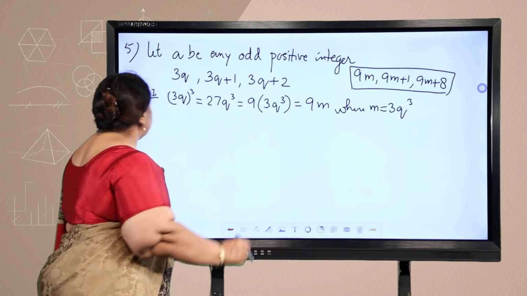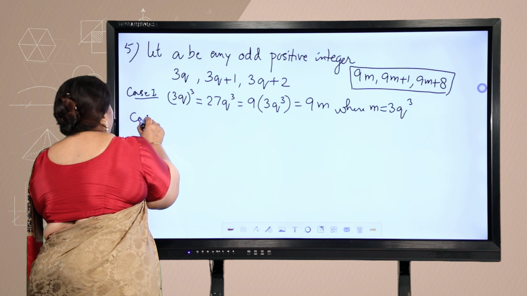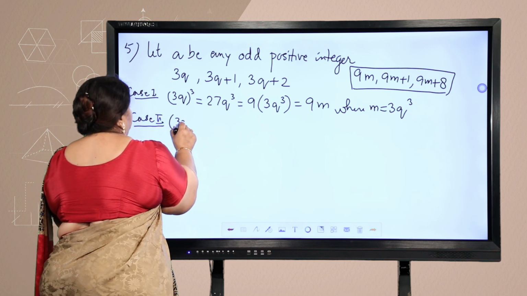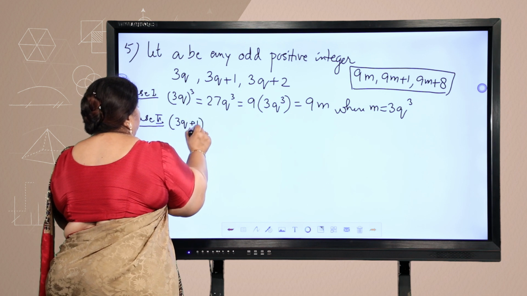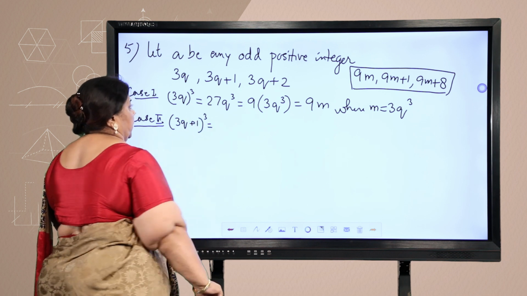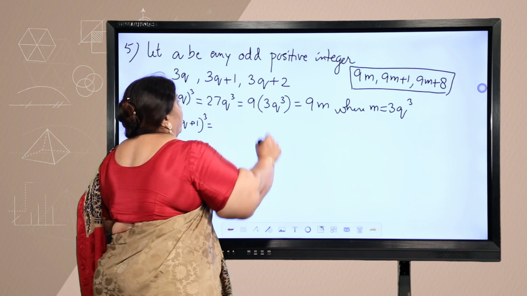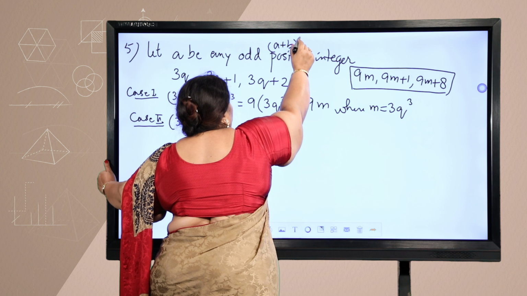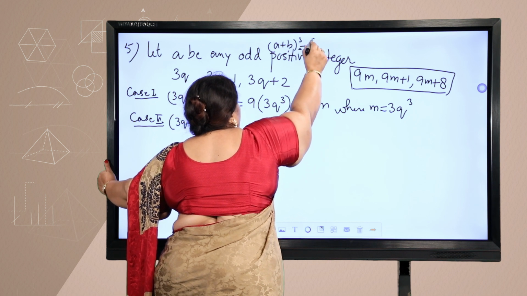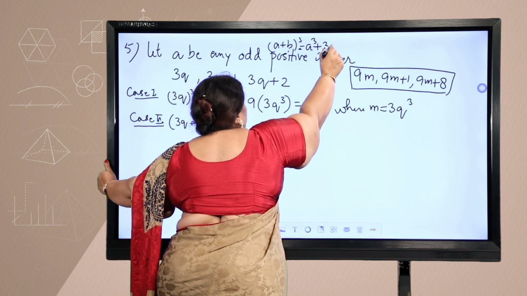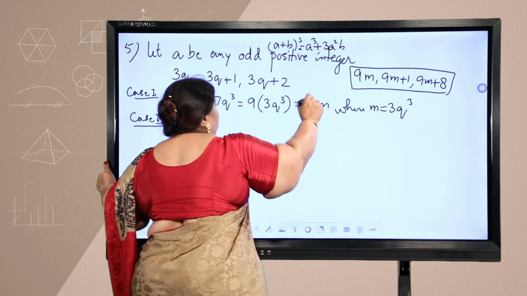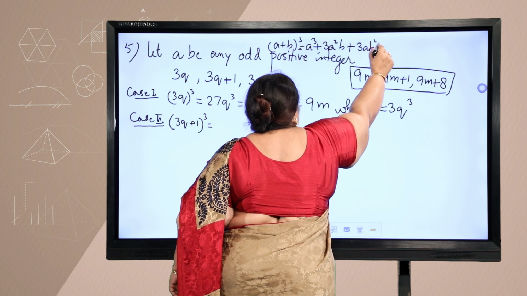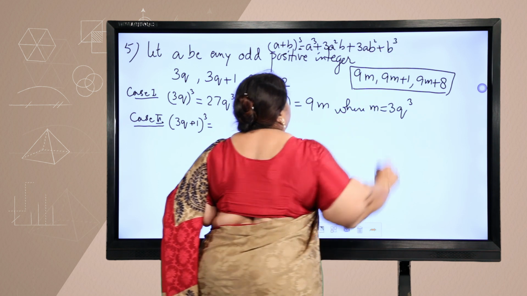In the second case, we have 3q plus 1 whole cube. Here, I hope you remember what is a plus b whole cube. It is a cube plus 3a square b plus 3ab square plus b cube.